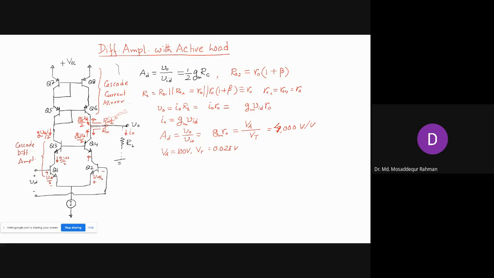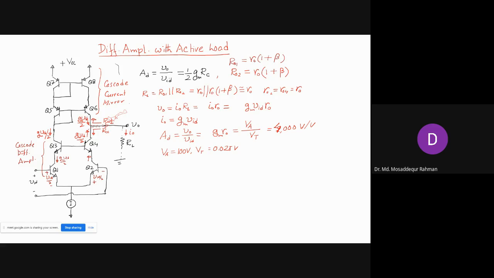So we have the cascode differential amplifier connected with the cascode current mirror, which is working as the load for this differential amplifier. Now R01 will also change, like R02 and R01 in this cascode configuration. Here the output resistance will also be R0 times 1 plus beta.